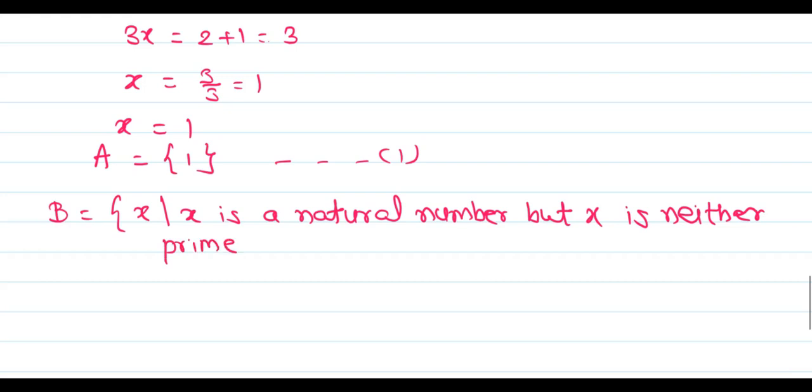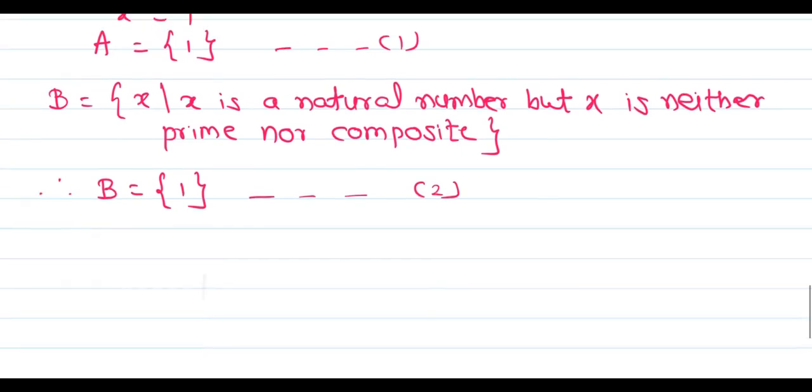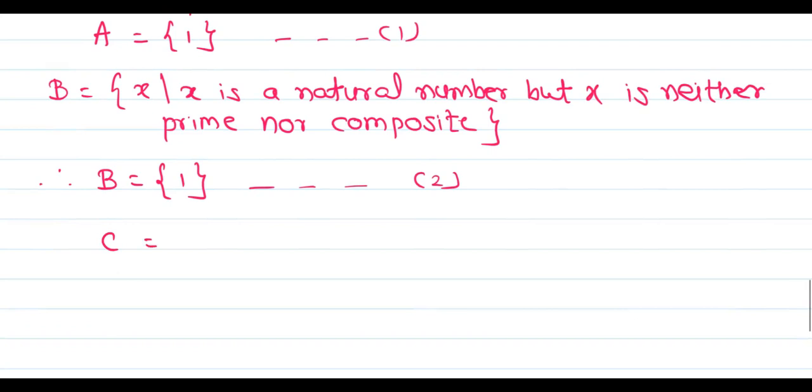Neither prime nor composite. Therefore, B is equal to {1}. 1 is a natural number. It is neither prime nor composite. Therefore, the set B contains the 1.